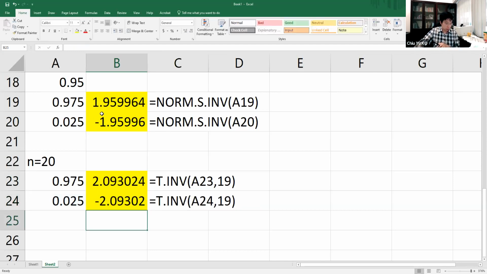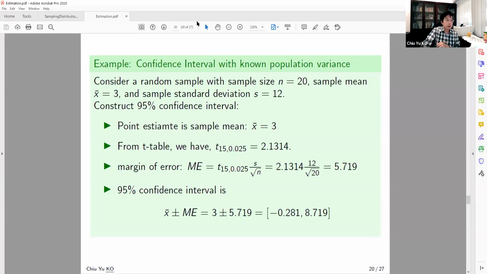So this is 2.093. I guess there's a typo. It shouldn't be 15, because now I have 20 here. So T 19, 0.025 should be 2.093. There's a typo here.